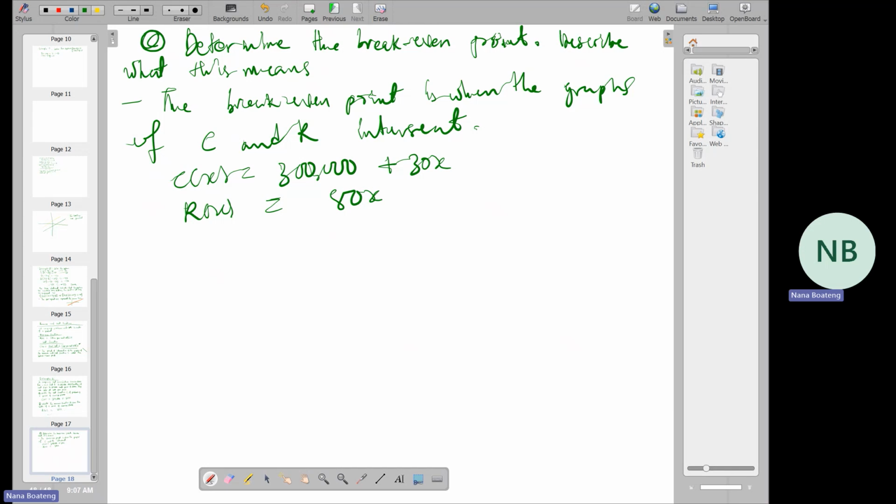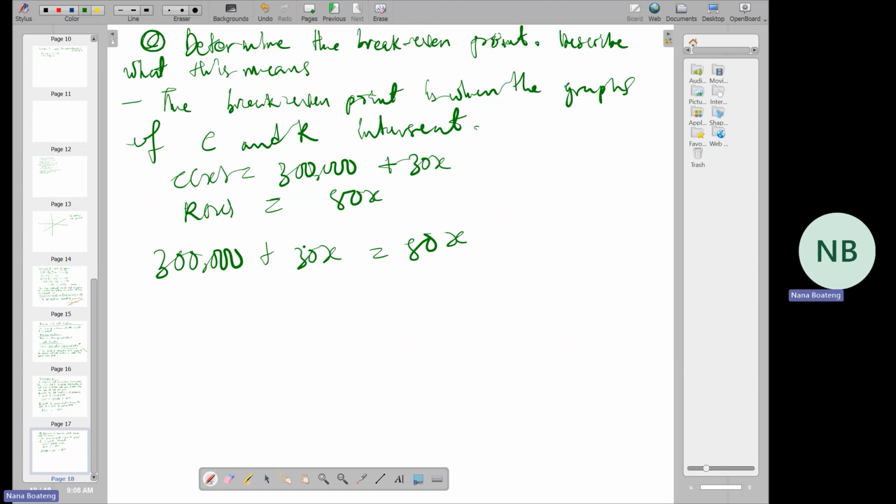At the break-even point, we set these two equations equal to each other. So 300,000 plus 30x is equal to 80x.